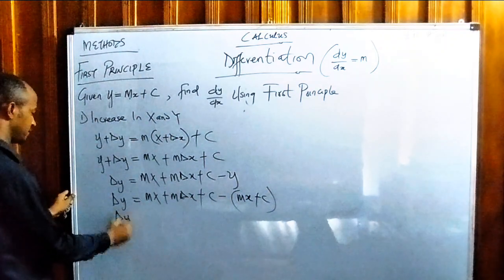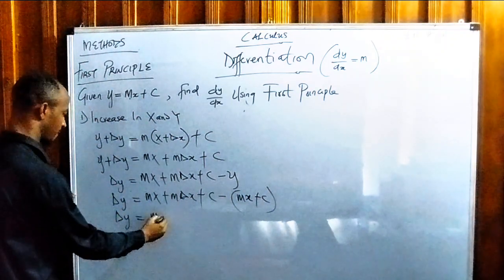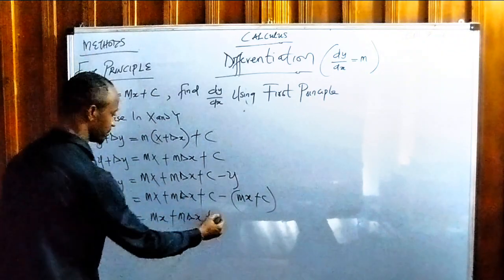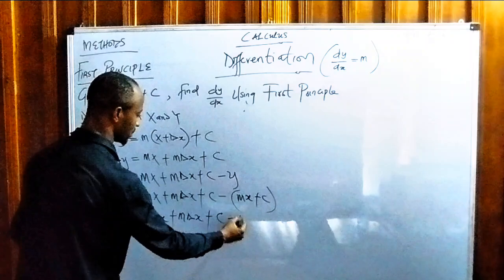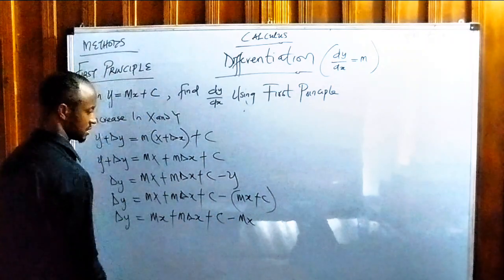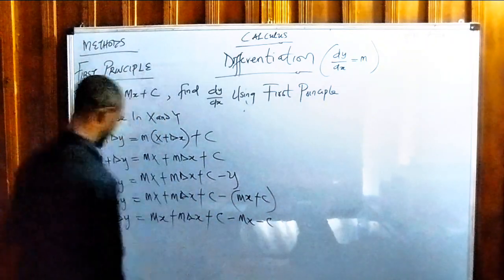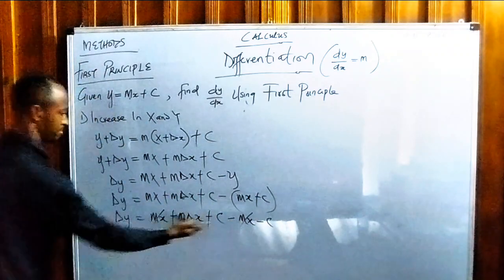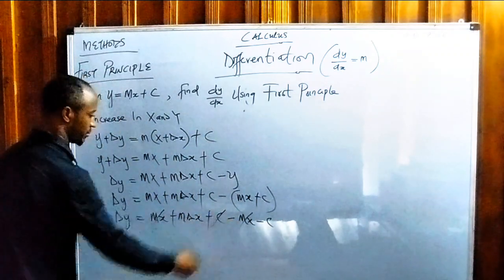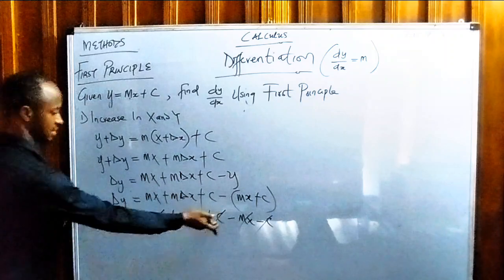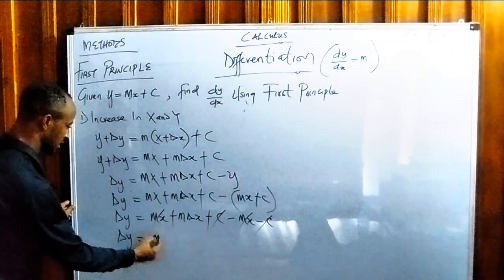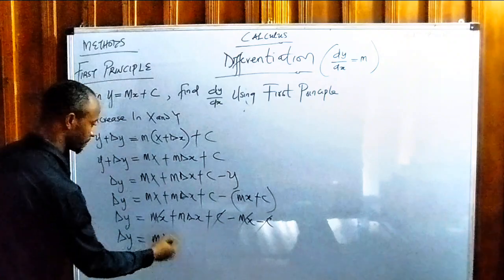So we have delta y equals mx plus m delta x plus c minus mx minus c. So mx minus mx will cancel, and c minus c will cancel. So we are left with delta y equals m delta x.